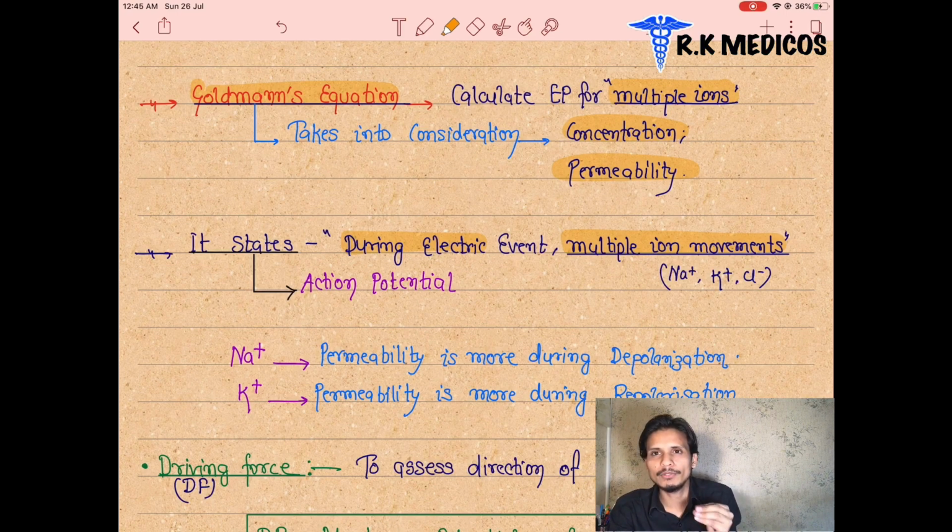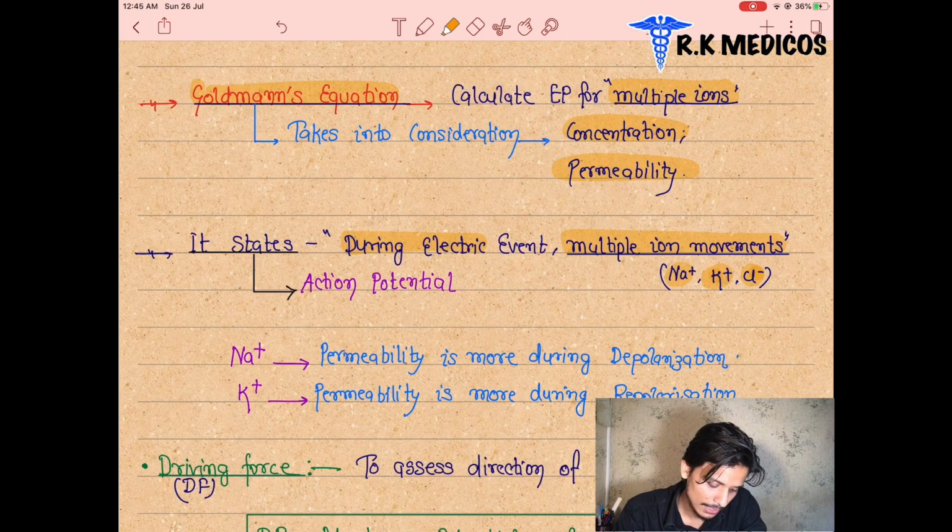But the Goldman equation states that during the electrical event, more than one ion participates, such as sodium, potassium, chloride, and many more ions.